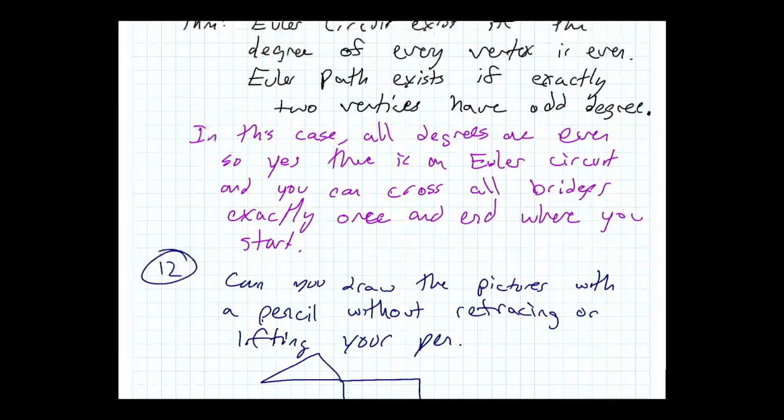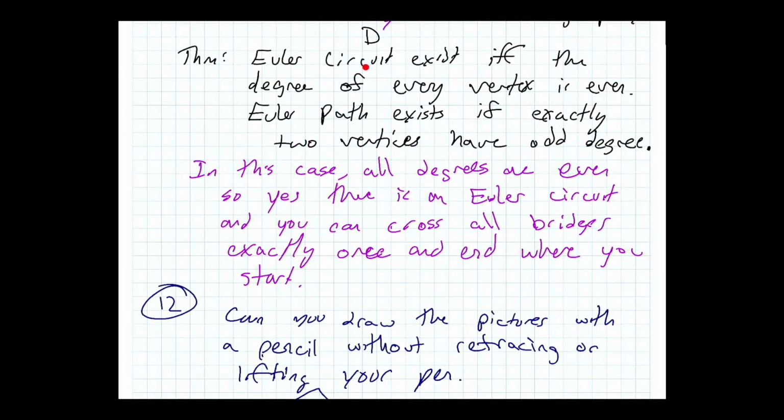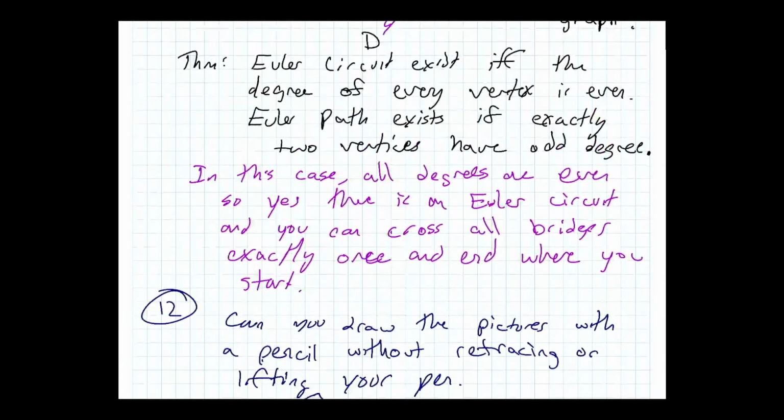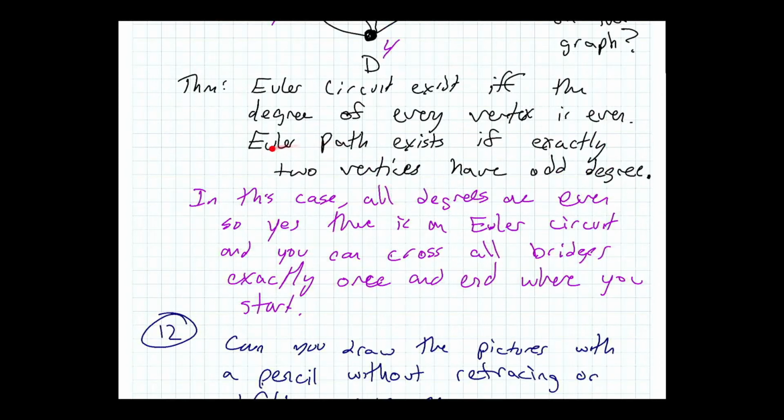So this has nothing to do with an Euler circuit, because a circuit means you end up where you start. But it does have to do with an Euler path, because you start in one vertex, you go around the graph, tracing every edge, because every edge is a line in the drawing, and then you end up somewhere. But the somewhere doesn't have to be where you start. So what we're going to be doing in this case is we're going to be looking for an Euler path.